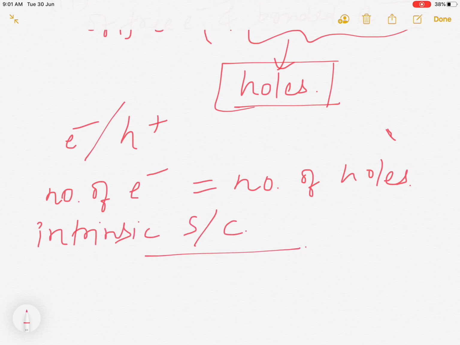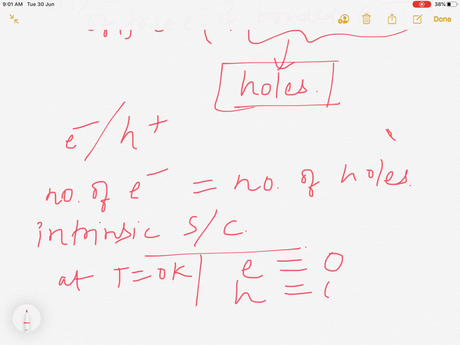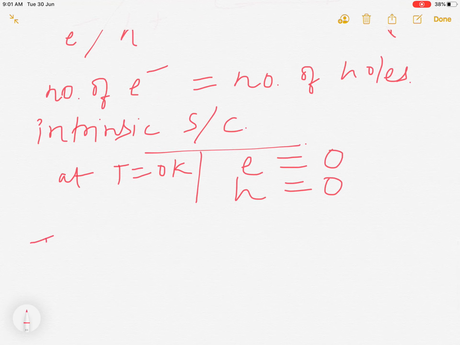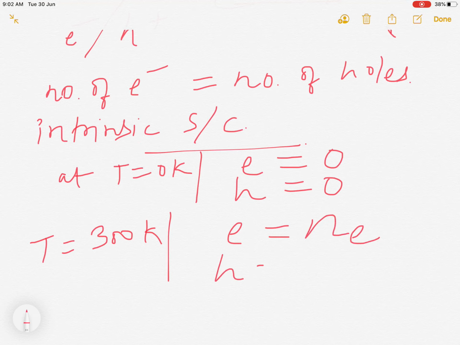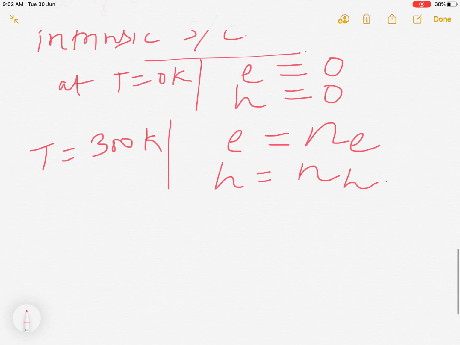I am talking about intrinsic semiconductor, that is, there will be no impurity yet. Okay, so at T equals 0 Kelvin there will be no external energy, so the number of electrons equals 0 and the number of holes must also equal 0. But at T equals some value, let's say 300 Kelvin, the number of electrons will be some number, and the number of holes will be some number, right?